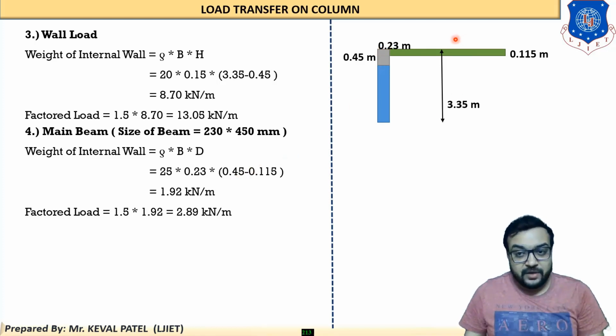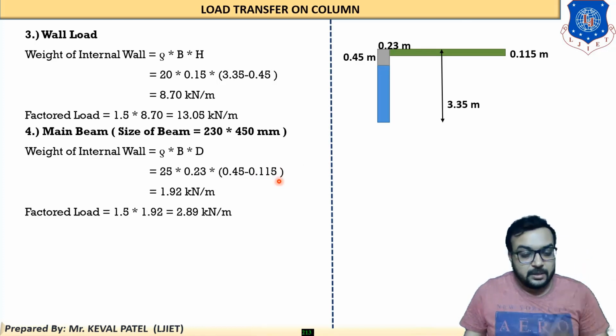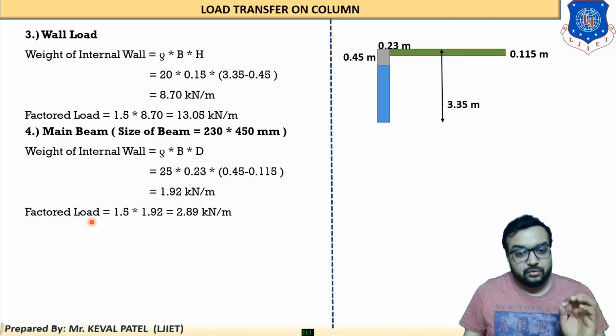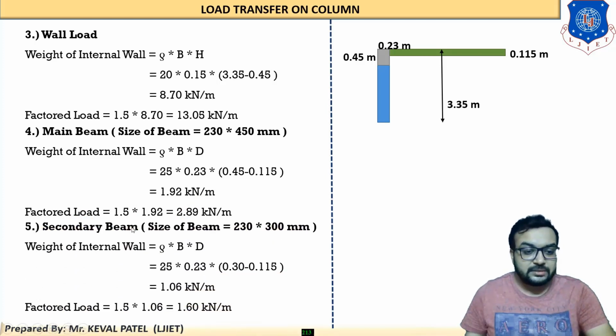Whenever we construct the slab, this portion is already calculated in the slab calculation. So we have to calculate 0.45 minus 0.115, because our slab is already accounted for in step number 1. So our calculation is 1.92 kilonewton per meter. Our factored load is 2.89 kilonewton per meter, and the last one is the secondary beam.